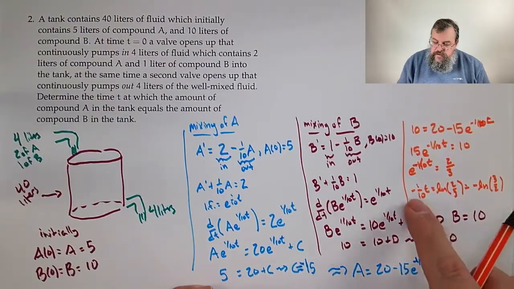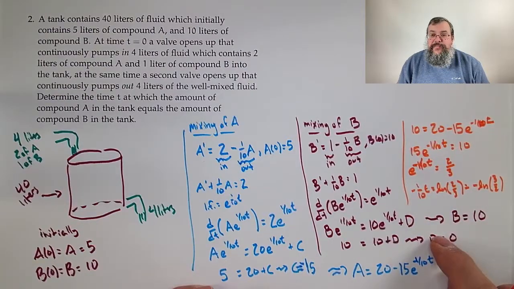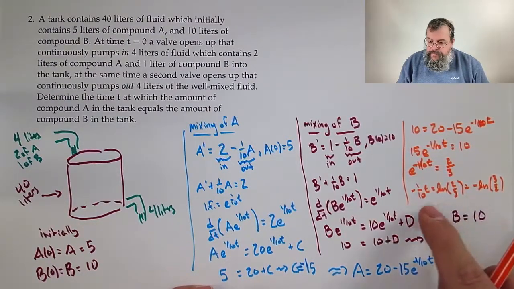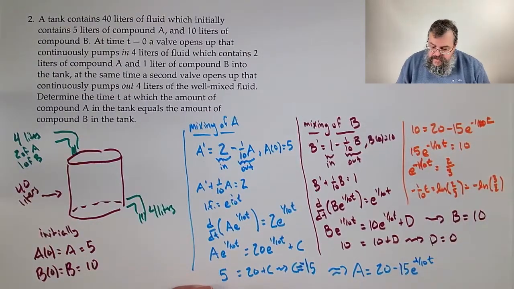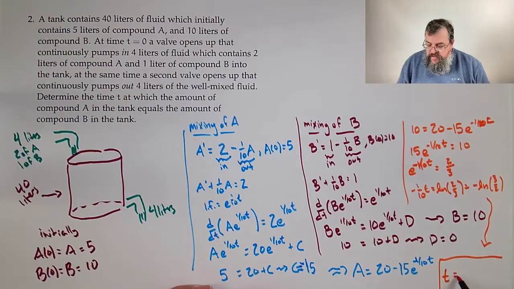In case you notice, I want to get rid of the minus signs. And finally, multiply through both sides by minus 10. And we're just out of space, there's a little space down here in this corner. And so we can say our answer is, this will happen at time t equals 10 natural log of 3/2.